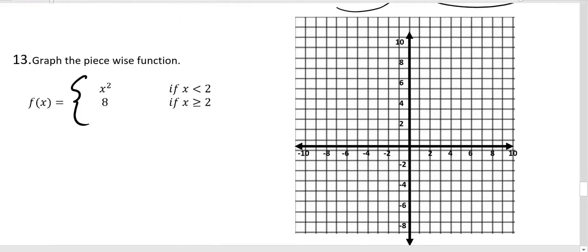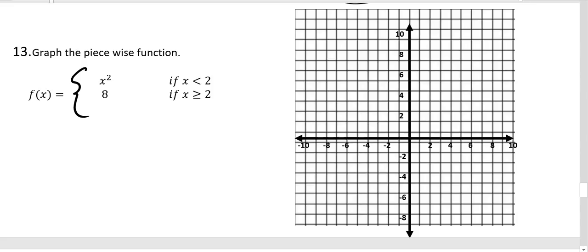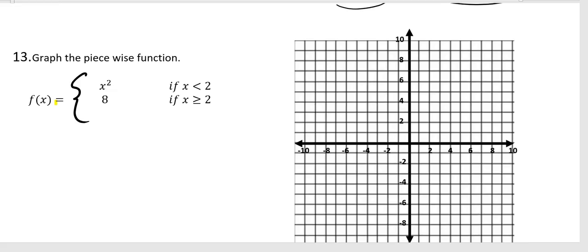Okay? Next, they asked me to graph a piecewise function. So you might want to review graphing if it's been a while. When you're doing a piecewise function, look at where it changes the x value. So it says that at x greater than 2 or less than 2 is going to be some kind of change.